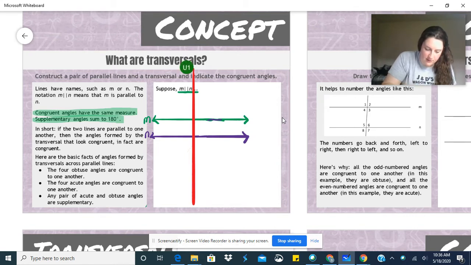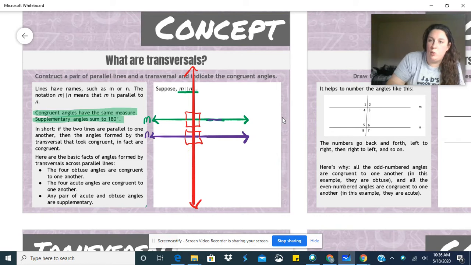There's my transversal. Right. This is going to create a 90-degree angle here, a 90-degree angle here, here, here, here, here, here, here. In this case, all of your angles are going to be congruent.